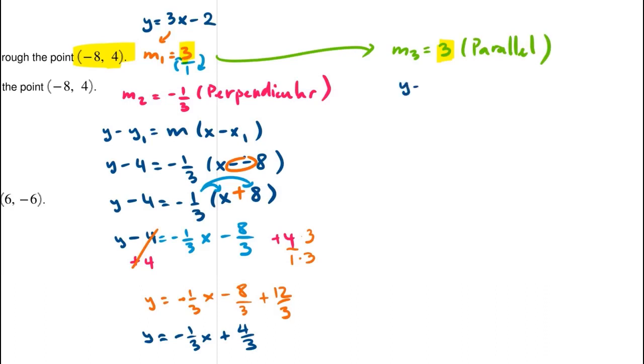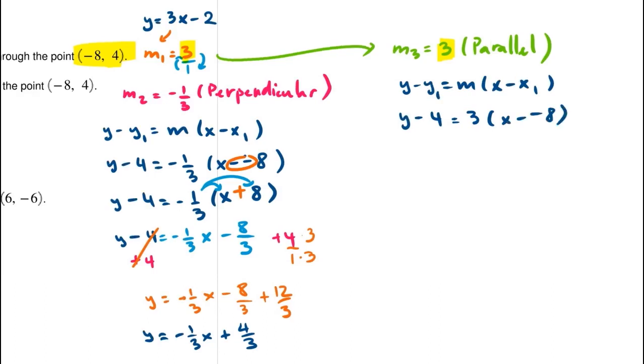And we use the same formula. y minus y1 equals m times x minus x1. So y minus 4 equals 3 times x minus negative 8. Again, we use the same point that they gave us, (-8, 4). So that will give us y minus 4 equals 3 times x plus 8, because two negatives turn into a positive.